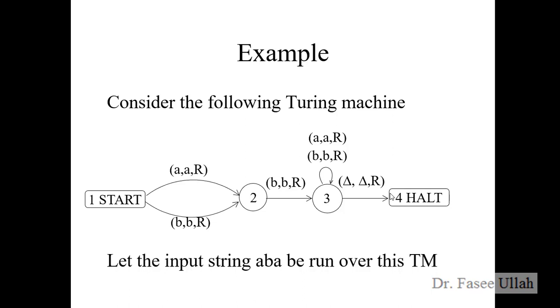It will depend on whether we want B B A or A B B, and that will depend on the input from the user. So this is how a Turing machine can be designed.